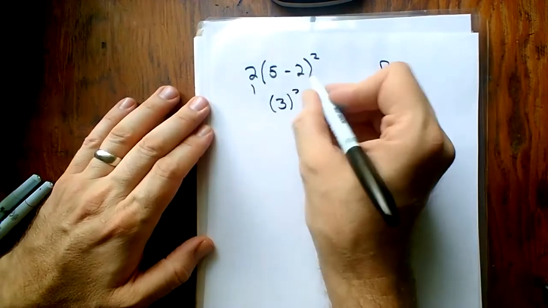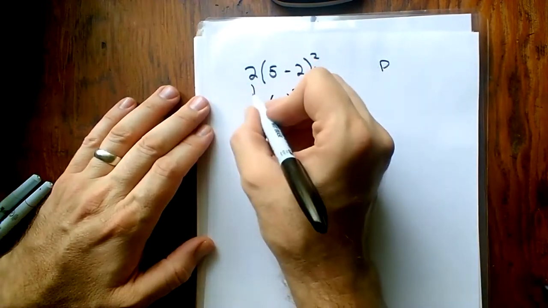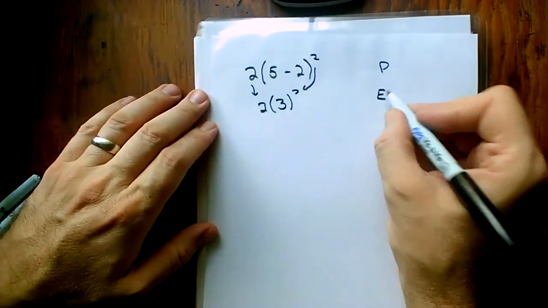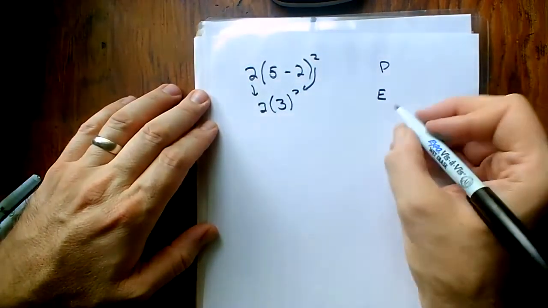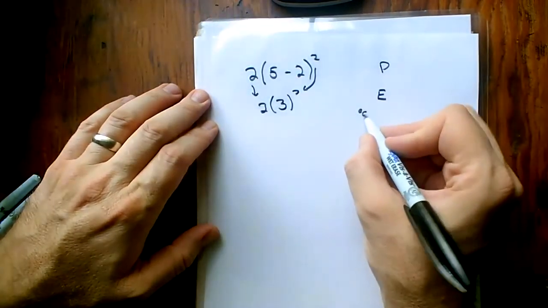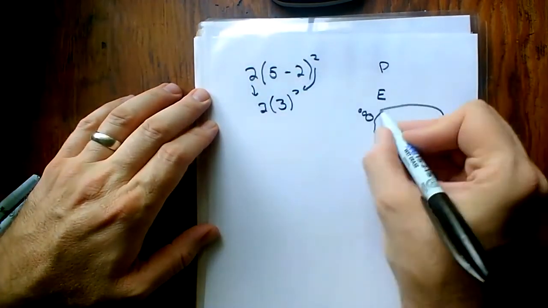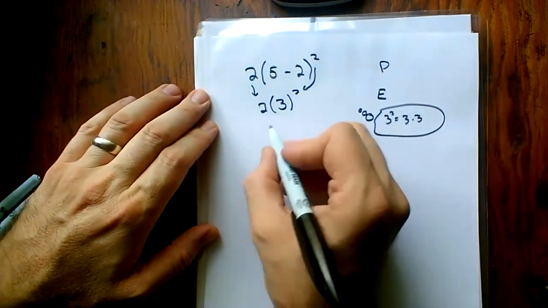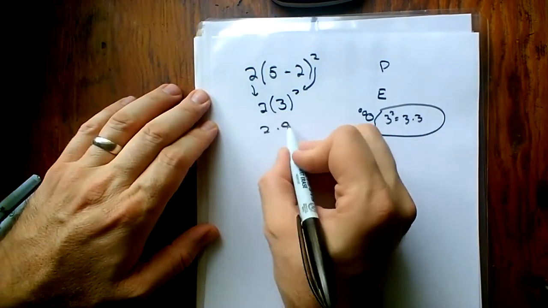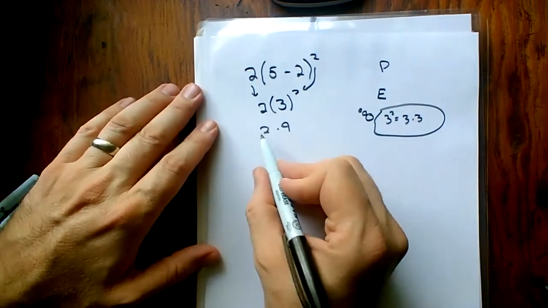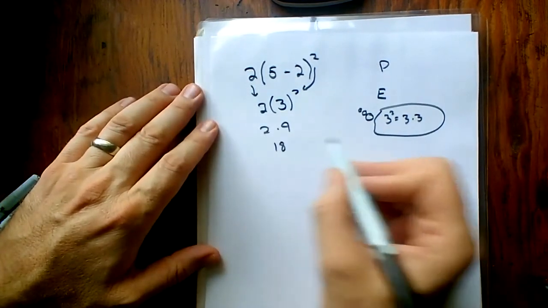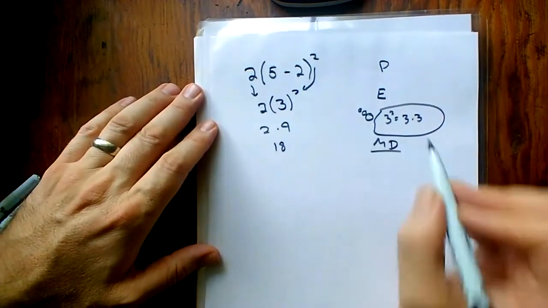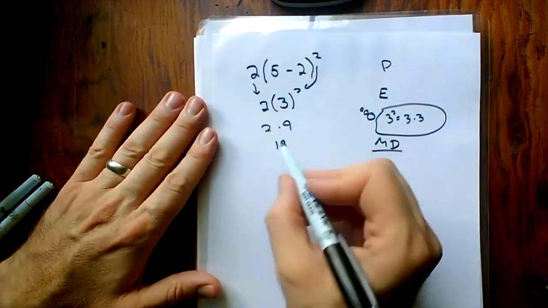Everything else just comes down, so 2 comes down. Next, I'm going to deal with that exponent. 3 squared is just 3 times 3, which is 9. So I've got 2 times 9, and last but not least, 2 times 9 is going to be 18. So I've got my multiplication, but we're done now.